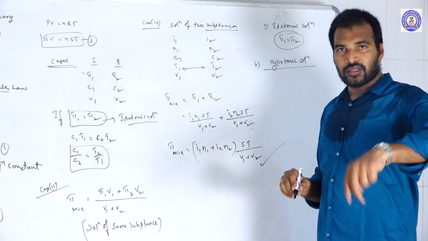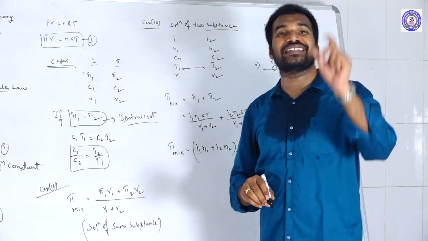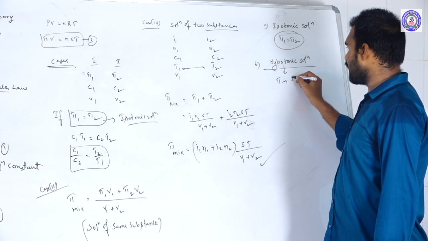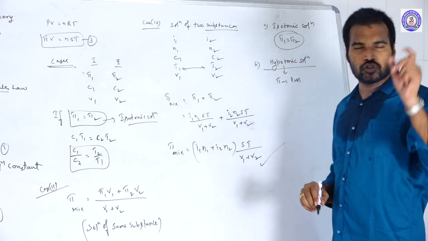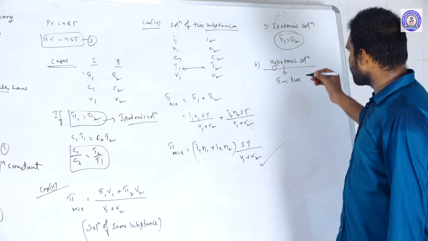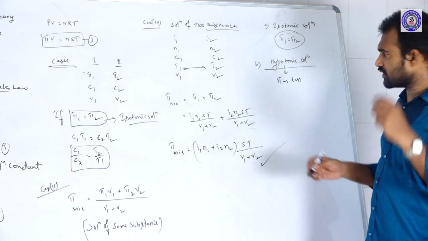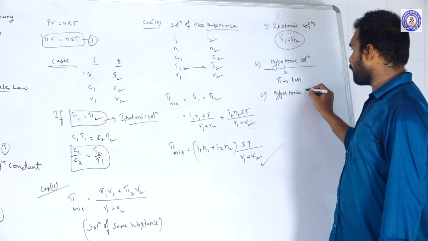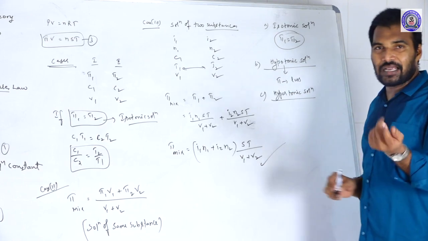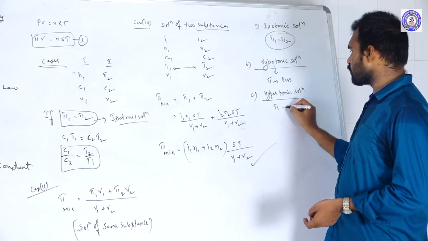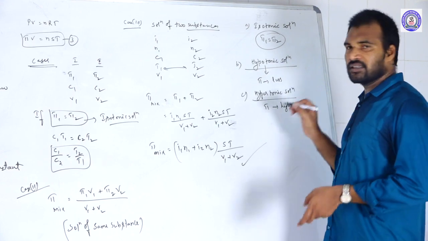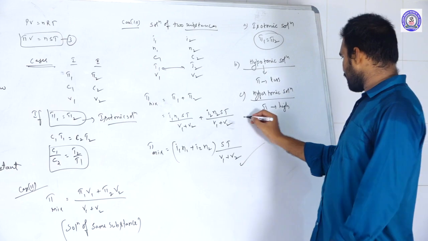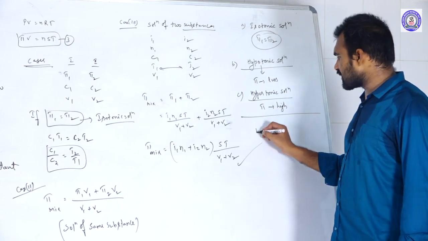Hypo means lesser: the solution whose osmotic pressure is lesser. Hypotonic solutions have lower π value. And hypertonic solution: the solution whose osmotic pressure is very, very high we call a hypertonic solution. Now here in this point we should know two points now.